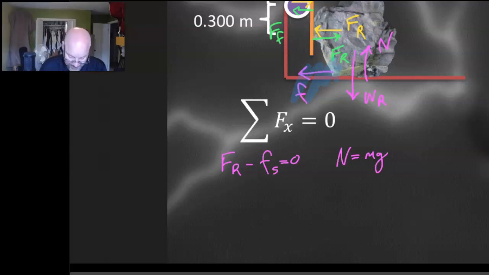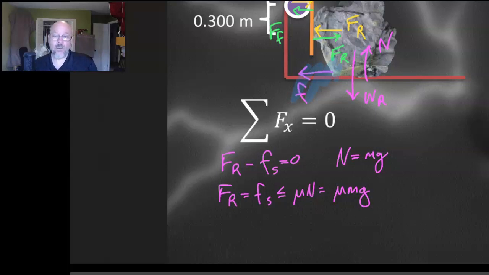And so if we start doing some algebra, F sub R is going to have to be equal to F sub S, which is always going to be less than or equal to mu times the normal force, which is mu mg here. Now in order for the boulder to move, we need the maximum of that force, so it's actually equal. So F sub R is going to have to be equal to mu times mg, just like that.